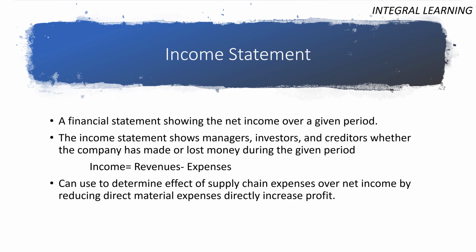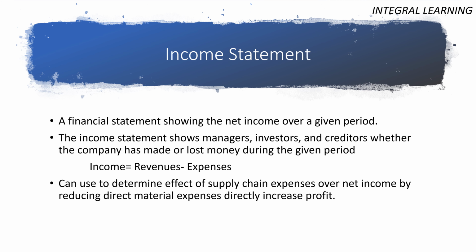Income statement is based on the equation income is equal to revenues minus expenses. Income statement can be used to see the profit and loss of a company, and can also be used to determine the effect of supply chain expenses over net income. By reducing the direct material expenses, it directly increases the profit.